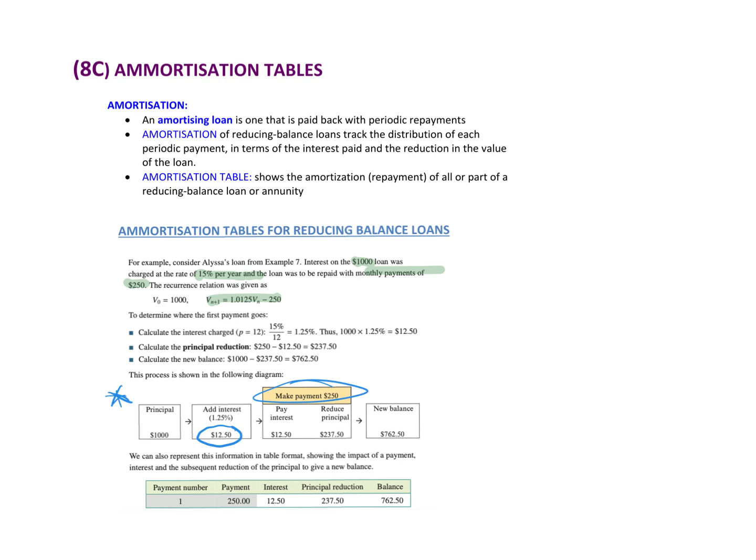So she had $12.50 added extra. So she's first got to pay that interest, and then all the rest of her payment will be used to reduce the loan. They call it the principal reduction, because that means what the loan is actually going down by. And $250 minus $12.50 ends up being $237.50. So her loan will only drop down by that, and then we'll go into the next month.